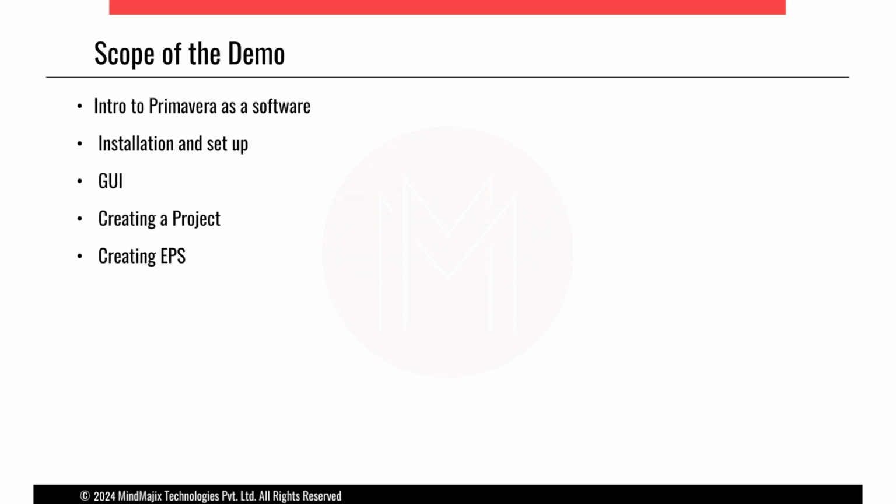Now, when we talk about the installation and the setup of Primavera, it's very straightforward. Once you have started learning with us, I'll share with you the website where we can go create an account free of cost, and you can download the software on your own. Installation is super easy. It's nothing complicated except just a few tricky steps, right?